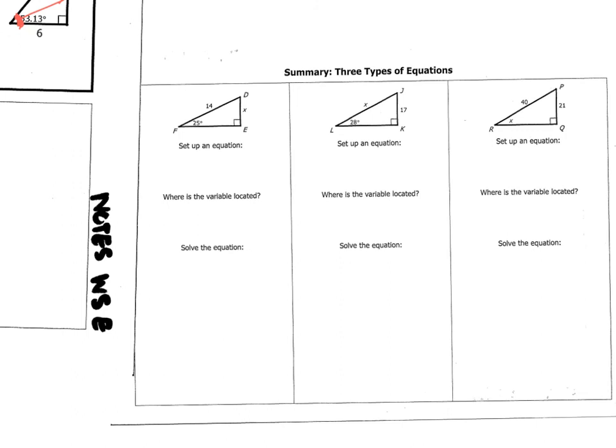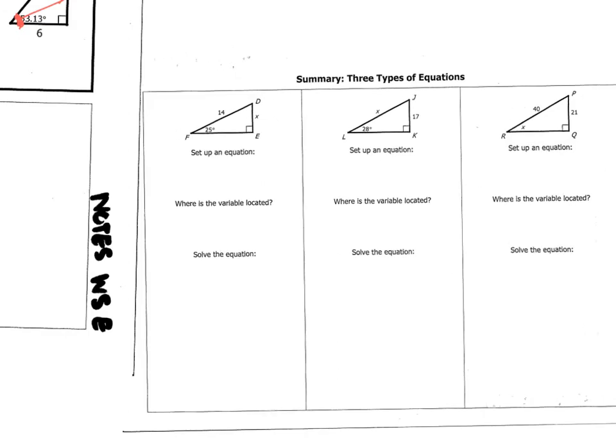The first one, I'm going to set up an equation first. In this one I want x, so I'm not going to use inverse right now because I already know what the angle is. In relation to the 25-degree angle, I want to know opposite over hypotenuse. Opposite over hypotenuse is sine, so we'll go sine of 25 degrees equals opposite over hypotenuse.